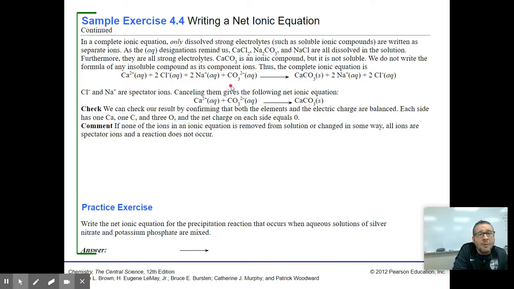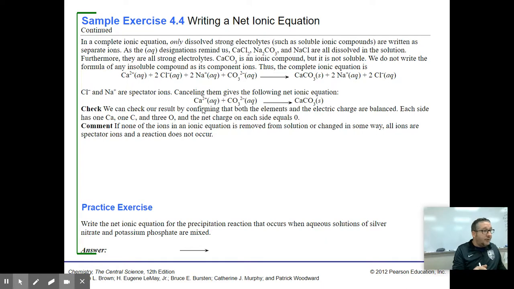Calcium and carbonate started off as aqueous and then combined to form a solid. So they are what changed. So to finalize your net ionic equation, you have Ca2+ aqueous plus CO3 2- aqueous yields CaCO3 solid. And that is your net ionic equation.